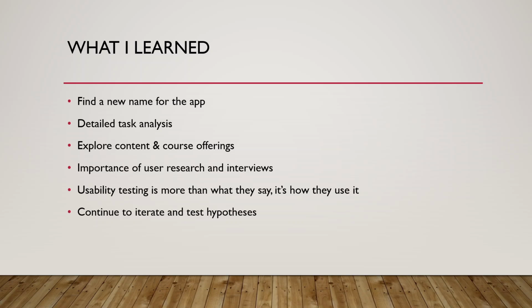So I wanted to test that gap with the wireframe and see if it was truly necessary. After testing it, it seems like it's not. So a lesson learned for me is to continue to iterate and test ideas: get the feedback, go back to the drawing board, and continue building again.